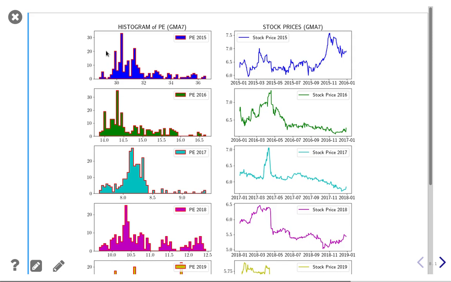So it's different. This one ranges about 30 to 36, while this one is 14 to 16.5. This is just another point of view for looking at the difference of the price to earnings ratio over time.